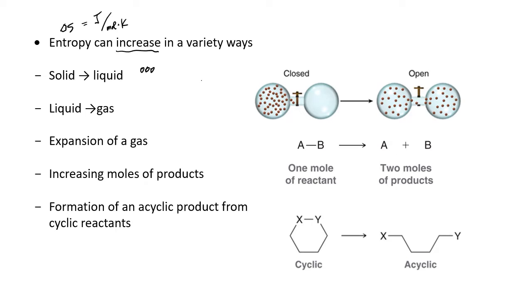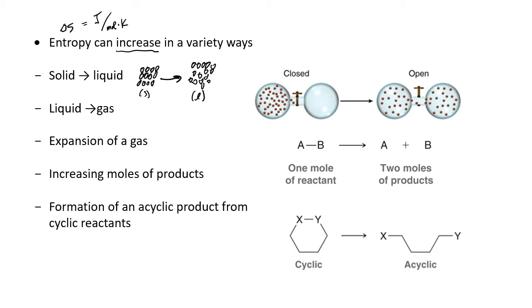If your particles are very close together as a solid, and then the particles have much more motion, not that the particles are further apart, but their disorder is increased, and now the particles can slide past each other instead of being locked into place. We have an increase in entropy.